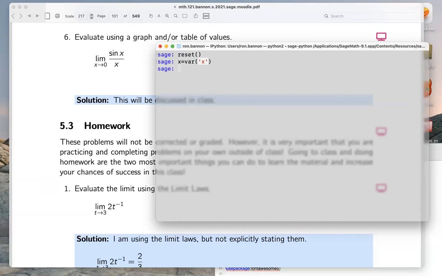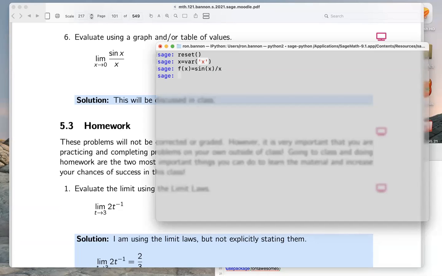Those students who have taken me in math, like 100, 119, 120, and now you're in 121, they've seen me do this at least 100 times. Anyway, what I'm going to do now is define a function f of x. There's going to be sine of x divided by x. That was pretty simple. And now I want to do a table of values.